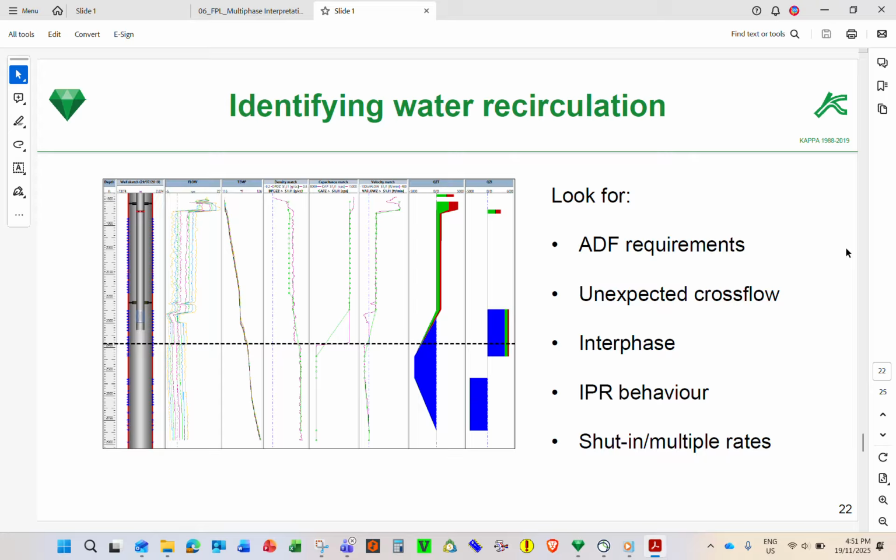What is IPR? Inflow performance relationship, the IPR. Q divided by delta P is the productivity index.